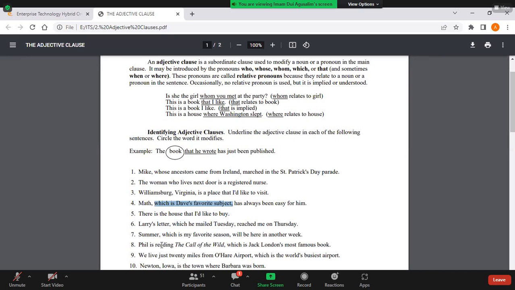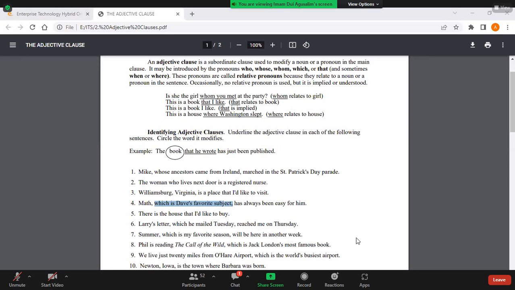Yes, that's correct. One more maybe. Ahmad Ariski Al Hadiat. Number 8. "Is Jack London's most famous book." Okay, that's correct.